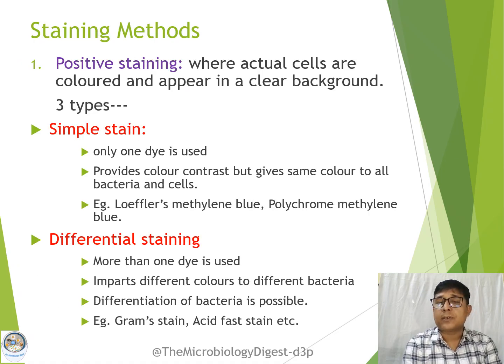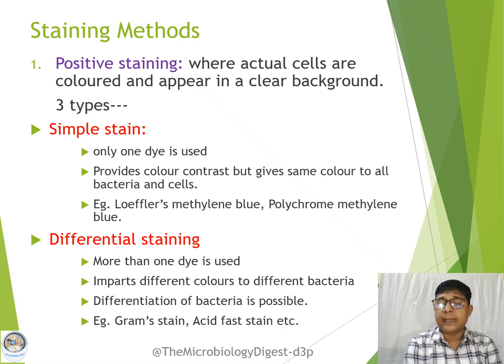Now, different methods of staining. There are different methods depending on the number of stains used or the purpose. The first method of staining is positive staining. In positive staining, the bacterial cells are colored.